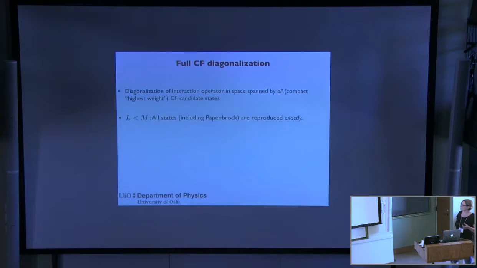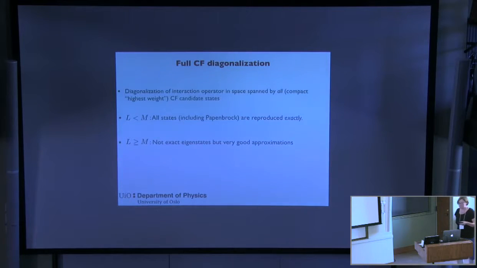And the first thing you observe is you exactly reproduce all the states found analytically by Papenbrock et al. for L smaller than the number of particles in the majority species. And as you go beyond this point, they are no longer the exact eigenstates, but very good approximations.